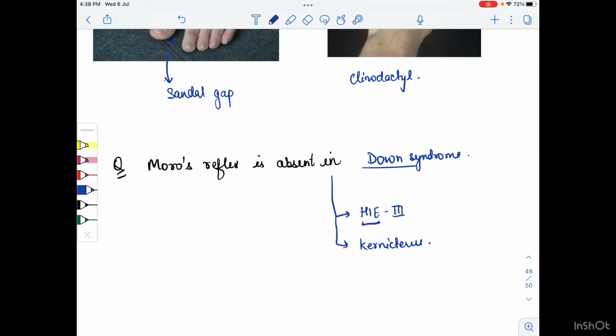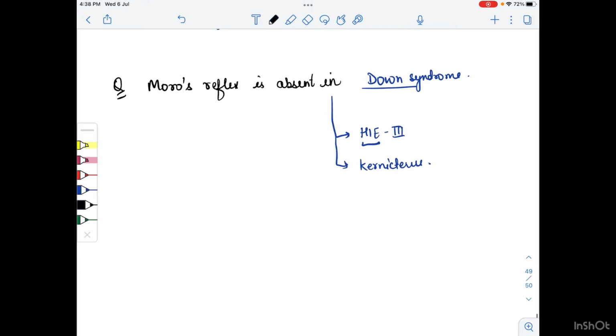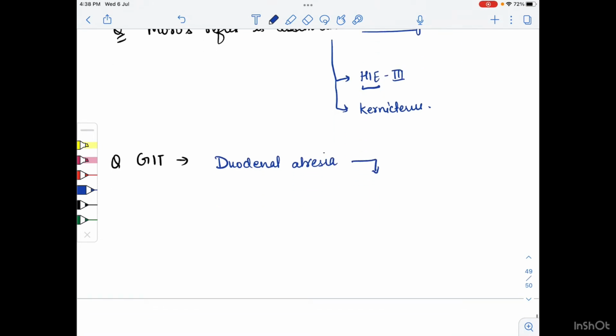Now my next question, what is the GIT condition we find in Down syndrome? In the GIT we see duodenal atresia. And on X-ray, how do we identify duodenal atresia? Please remember, we see a double bubble sign.